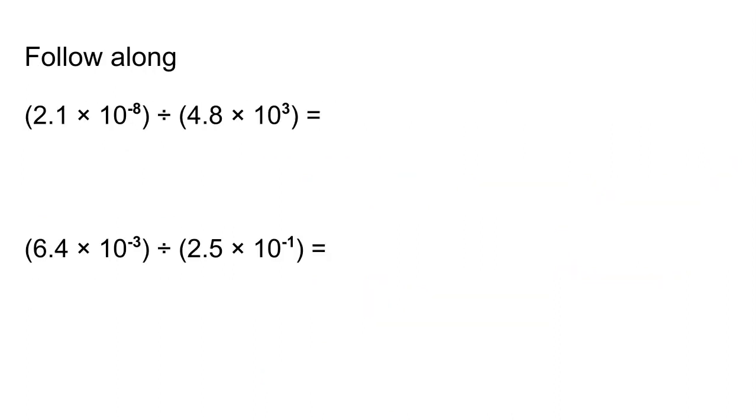Now follow along as I solve these problems. First, I have 2.1 times 10 to the negative 8th divided by 4.8 times 10 cubed. Here I need to start by dividing the coefficients, 2.1 and 4.8. That gives me 2.1 divided by 4.8 times 10, and then subtract the exponents, which are negative 8 and 3.